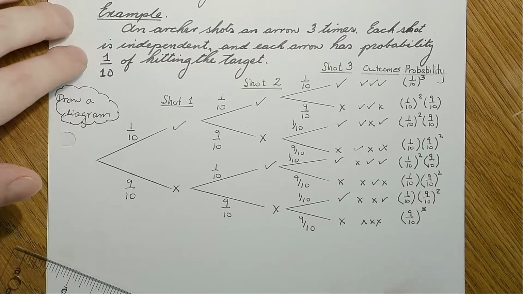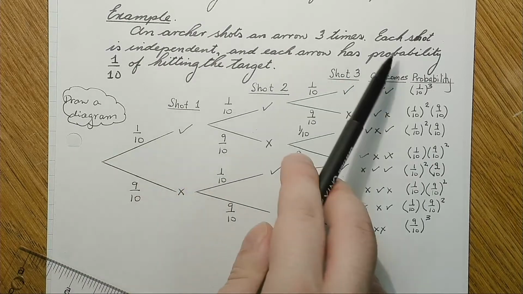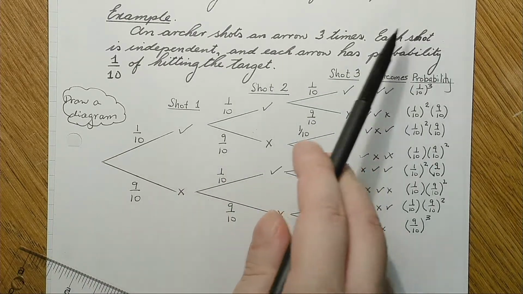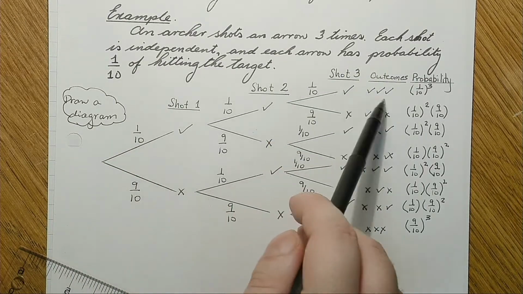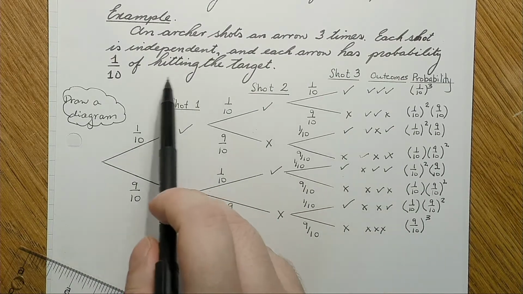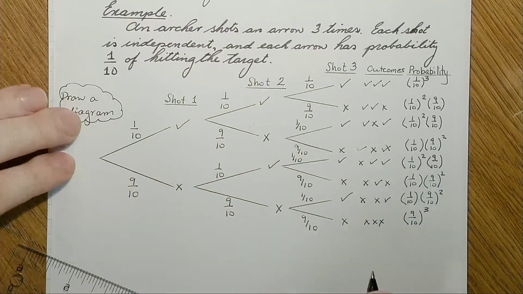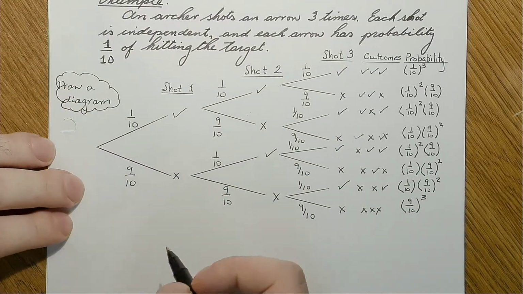Now, looking at this example, we've described the situation: an archer shoots an arrow 3 times, so 1, 2, 3. Each shot is independent, so the probabilities are not changing from one to the next. And the probability of hitting the target is 1/10. Now, we haven't asked what the question is.